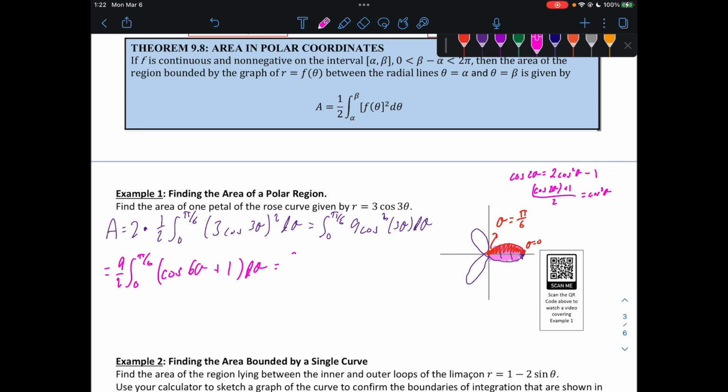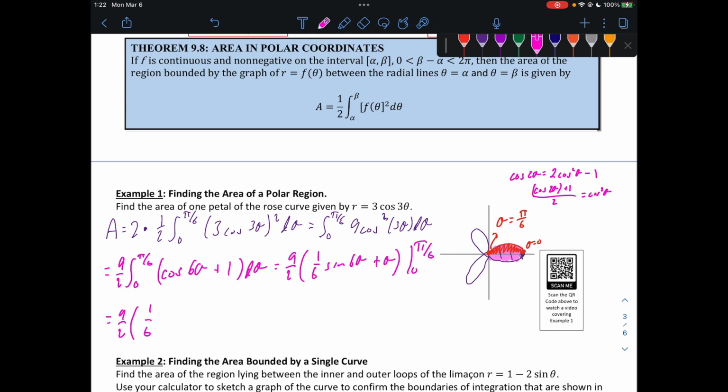Okay, integrating that, we get 9/2. This is going to be 1/6 sine 6 theta plus theta from 0 to pi over 6. All right, so now we get 9/2, 1/6 sine 6 theta, so it'd be 6 pi over 6.